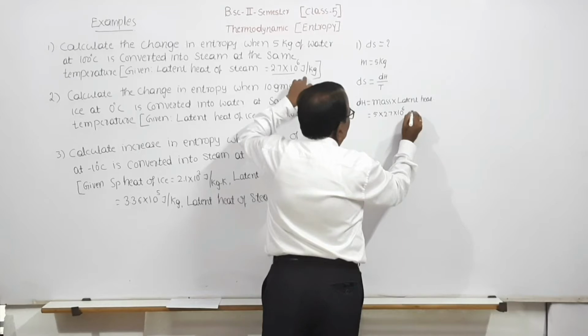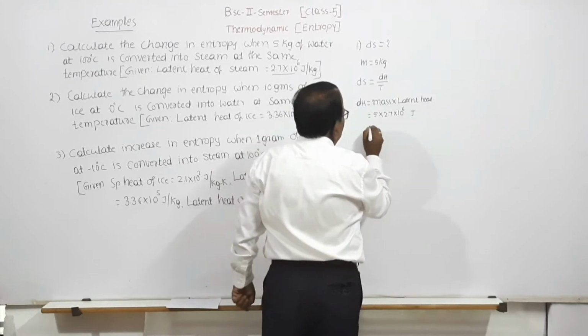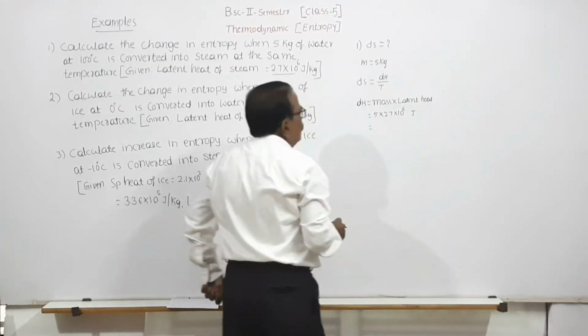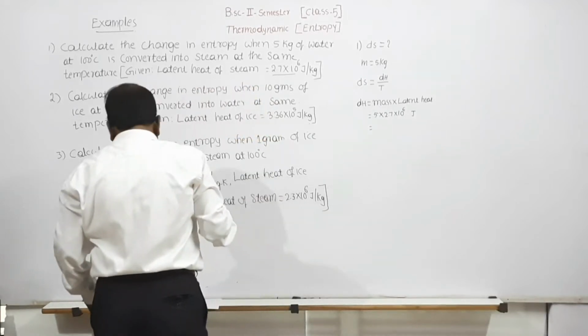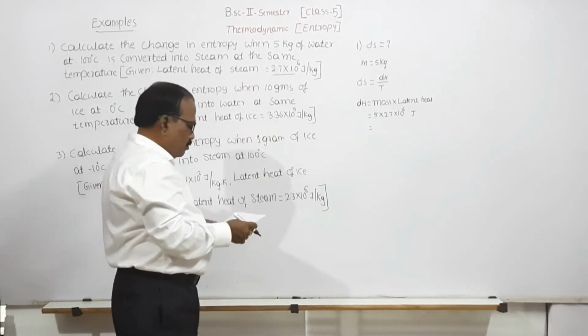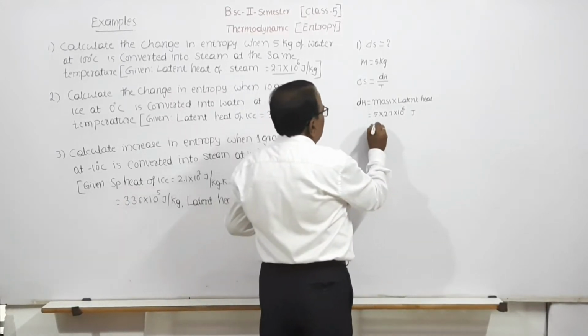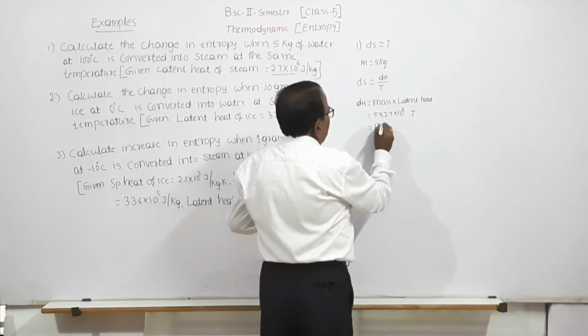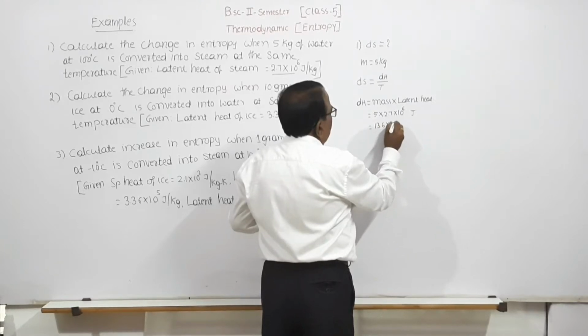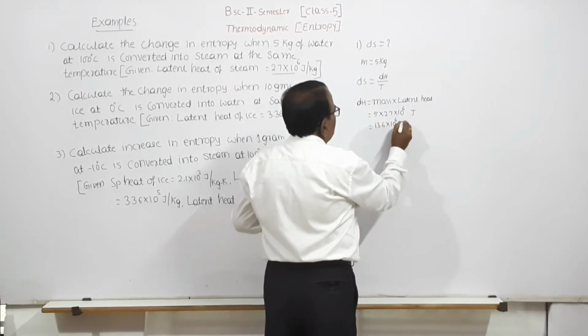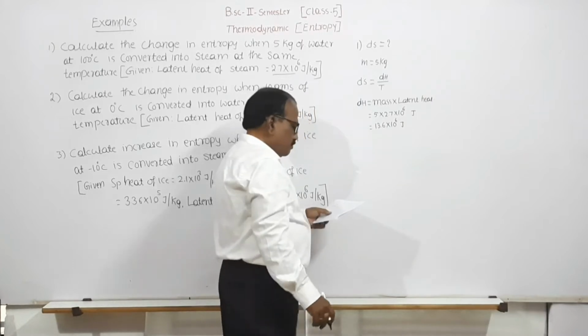Kg cancels, totally it is joules. 5 into 2.7 will be 13.6 into 10 raised to 6, so many joules.